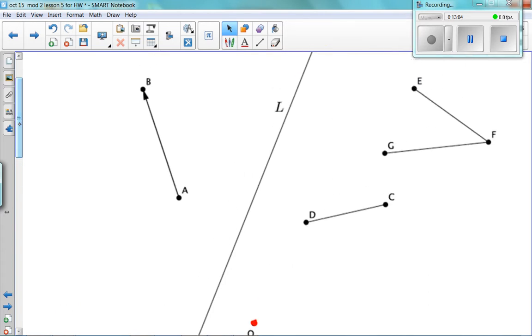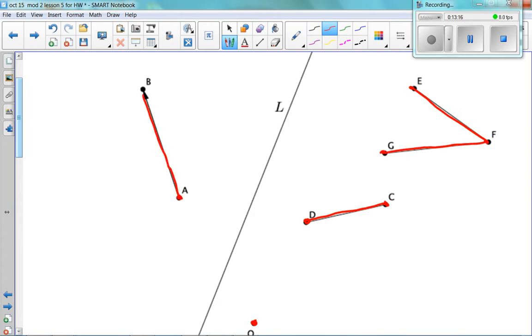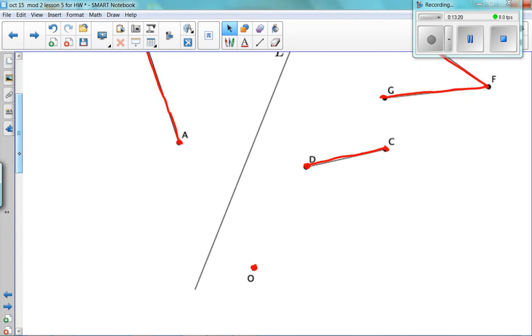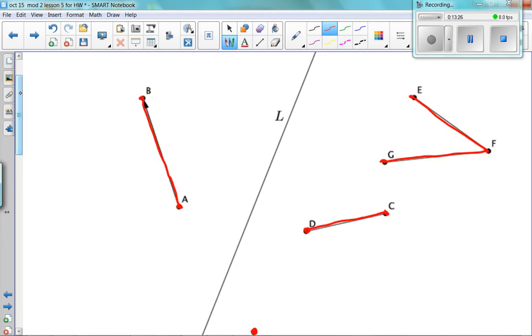You want to trace DC. You want to trace angle EFG. And you want to trace ray AB. And then you want to put your pencil point or something on O. And also line L. We're rotating line L too.